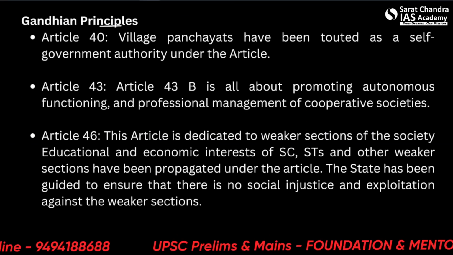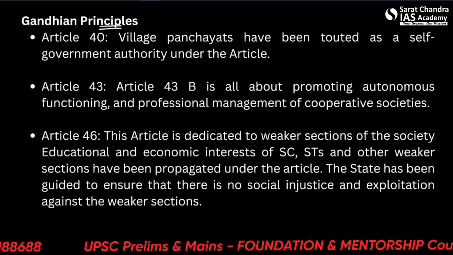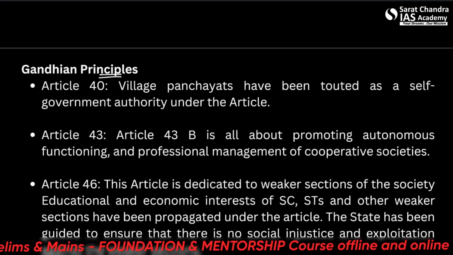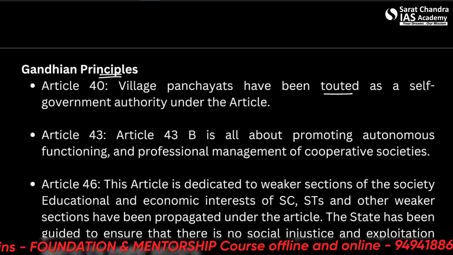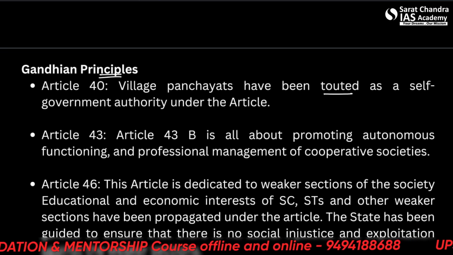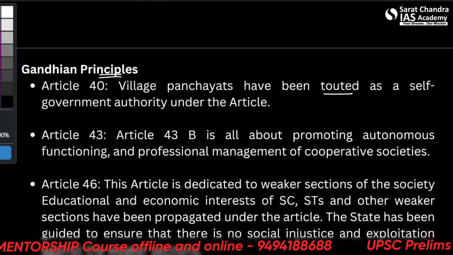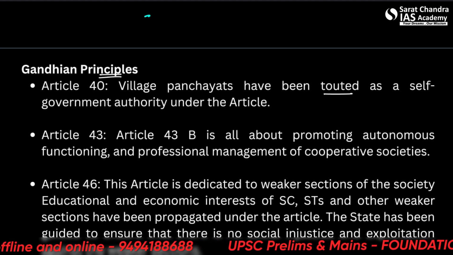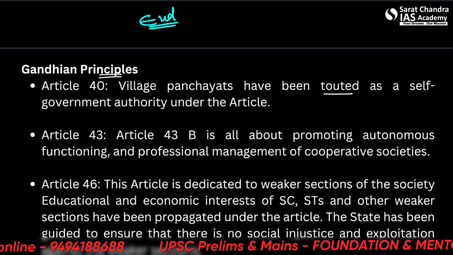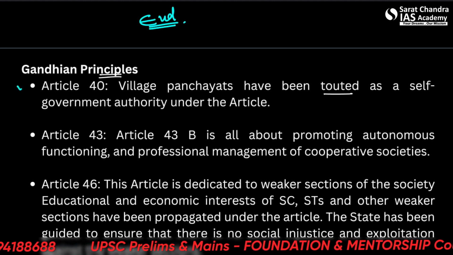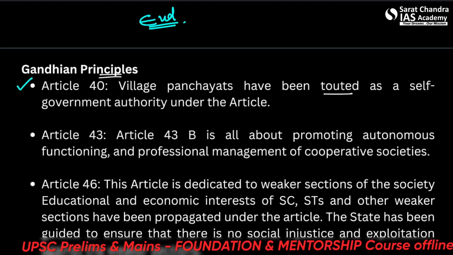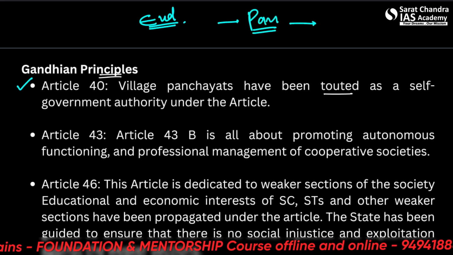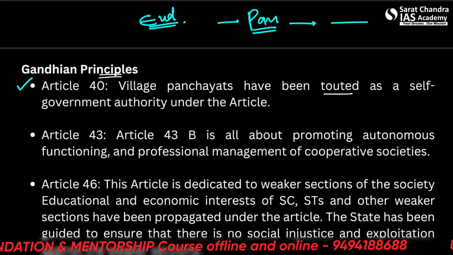Let us talk about Gandhian principles. As per the Gandhian principles, the village panchayats have been touted as self-government authority under the article. So Gandhi's principle was of Antyodaya, and that means the uday of even the last man of the end village. So this is why Gandhian principle means that self-governance as well as the Panchayati Raj system must help in the rise of the last man.